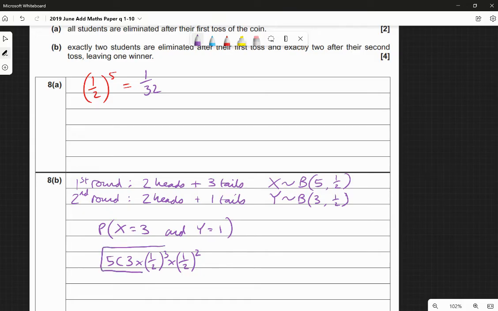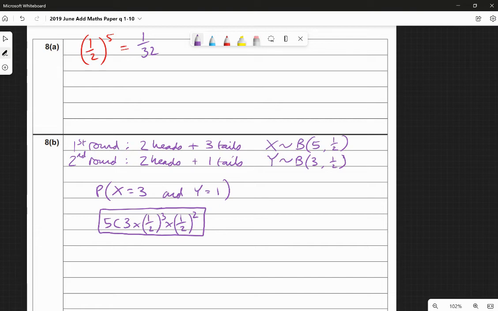So that's the chance of getting 3 tails and 2 heads from 5 throws. And that is 10 times half to the power of 3 times half to the power of 2, which is 1 over 32.